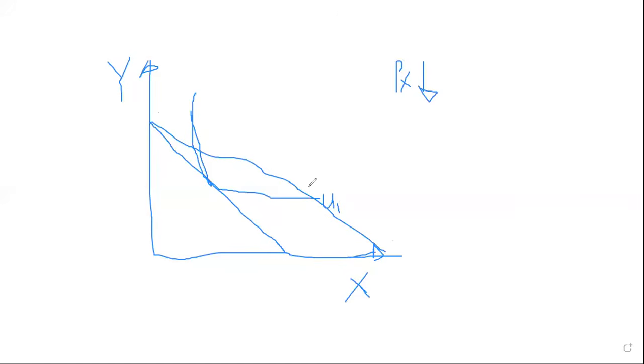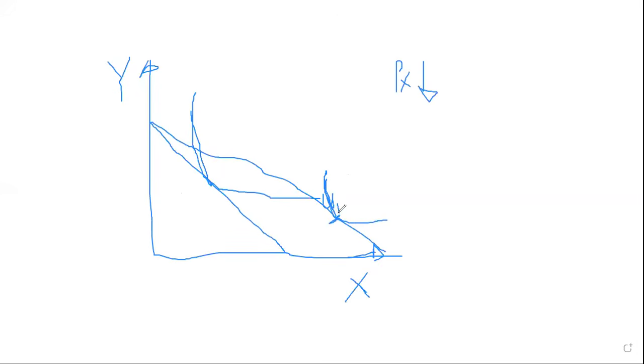Now we have to draw it in such a way that the new equilibrium will show that commodity X has increased, but commodity Y has decreased because X and Y are substitutes and the price of X has fallen. So more of X will be purchased, and less of Y will be purchased.